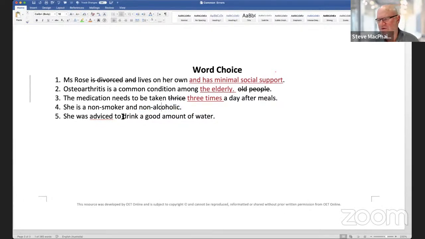What word can we use? She's a non-smoker and there's another word we can use. Anyone get it? Neither alcoholic? No, we won't use that. A person who doesn't drink is a, what's the word?